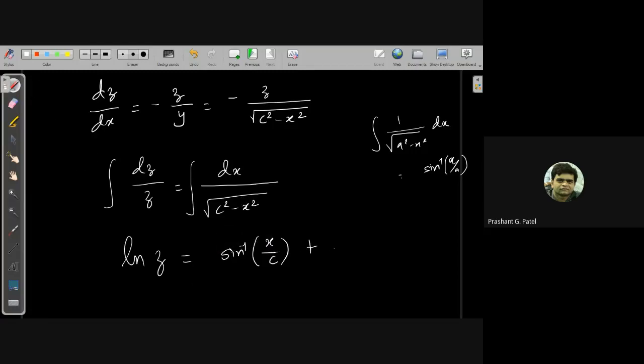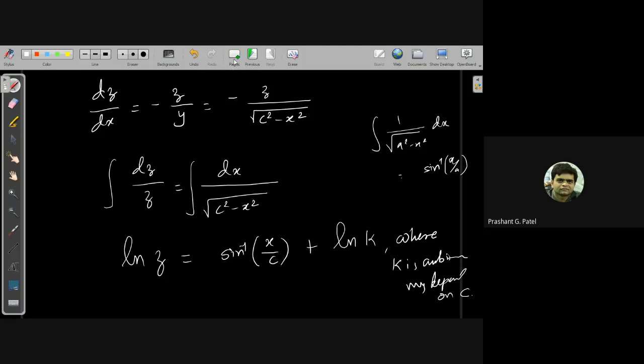So that constant, I'm just saying that it is ln of some constant, let's say k, where k is an arbitrary constant. It may depend on c because it is a one parameter family.